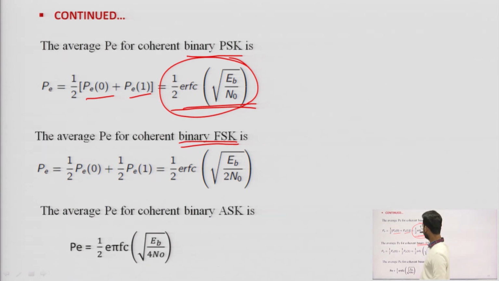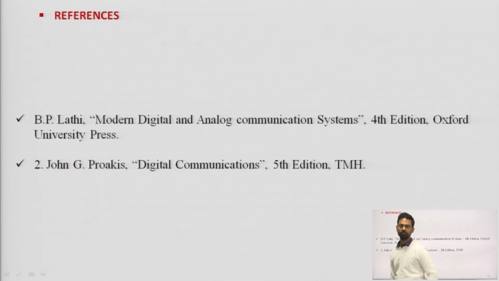You can remember that Eb by N0 is the same quantity, only here it is Eb by 2 N0 and here Eb by 4 N0. So we have calculated the probability of error for BASK, BFSK, and now BPSK.